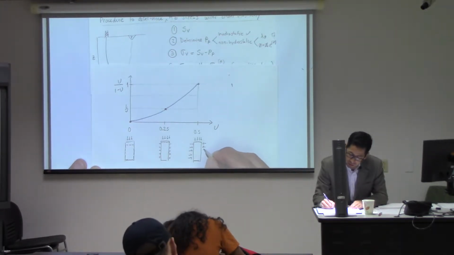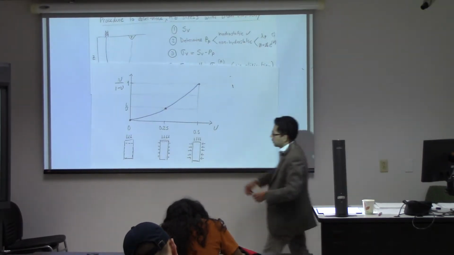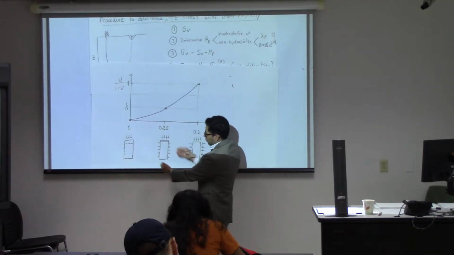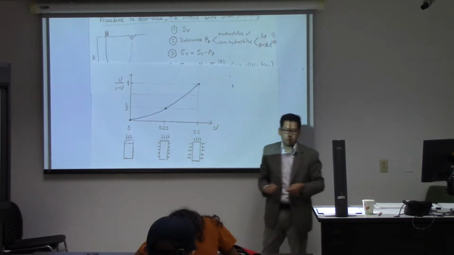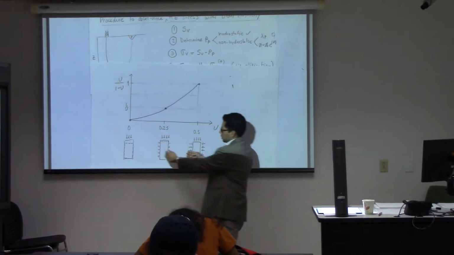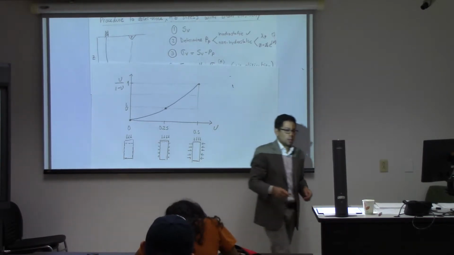It's 1/3. So you push in this direction with 1,000 psi. Well, in the sides you're going to have 333 psi in both directions, this one and that one.